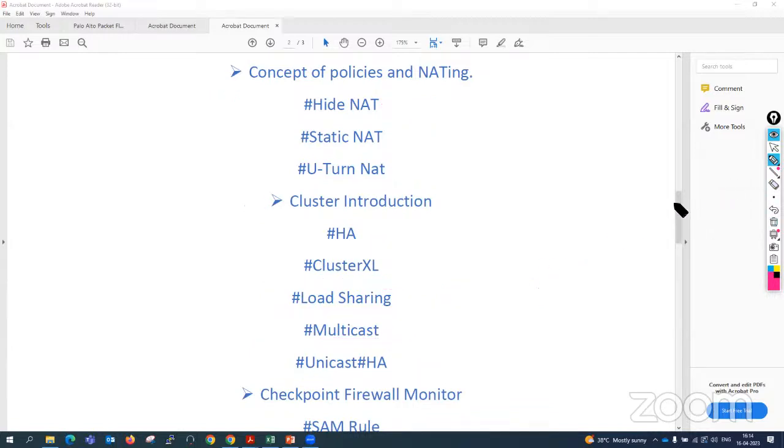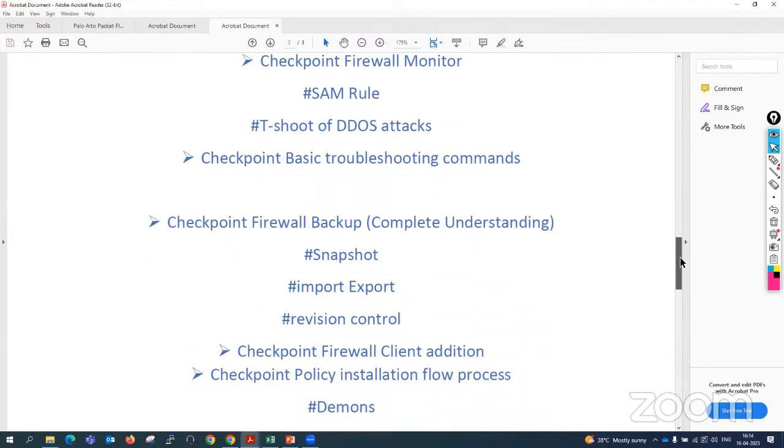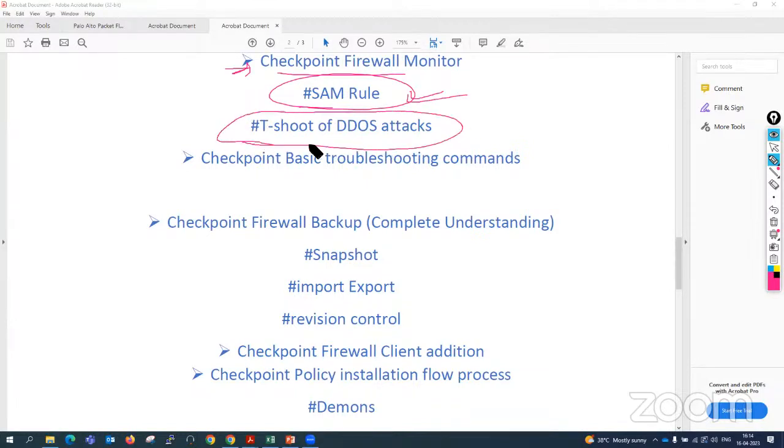All right. Now, after that, we have your firewall monitor, where we'll discuss the SAM rule, and how the SAM rule can help you to troubleshoot a DoS attack. Let's suppose there is a DDoS attack. What is a DDoS attack? Distributed denial of service.